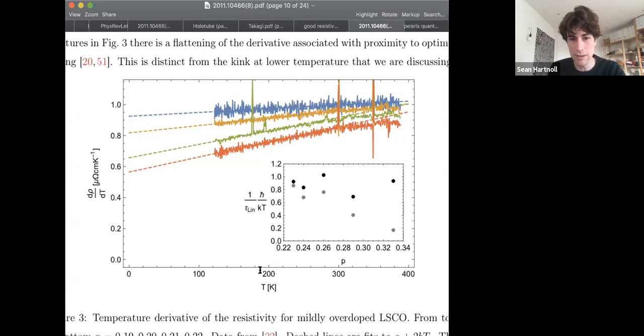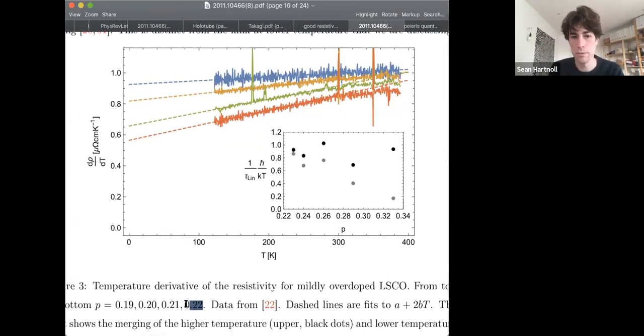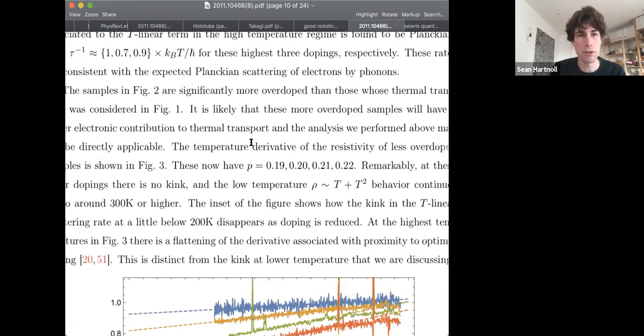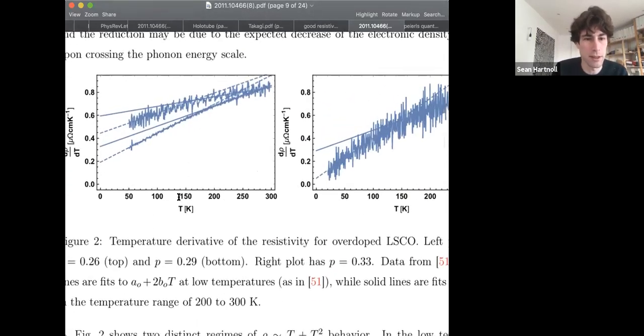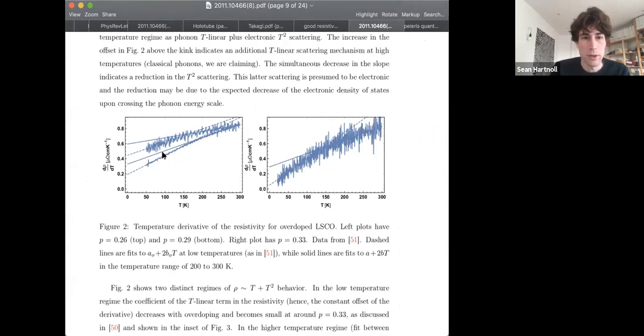And what I'm showing here is there is no feature here. So by the time you get to 0.22, that's here, there is no feature. But if you look here, which is the different dopings, 0.26, 0.29, and 0.33, the scale is pretty similar. So it's not that there's some fan.